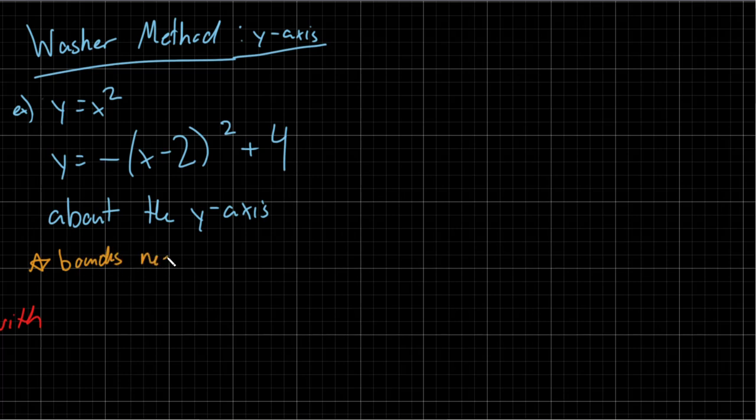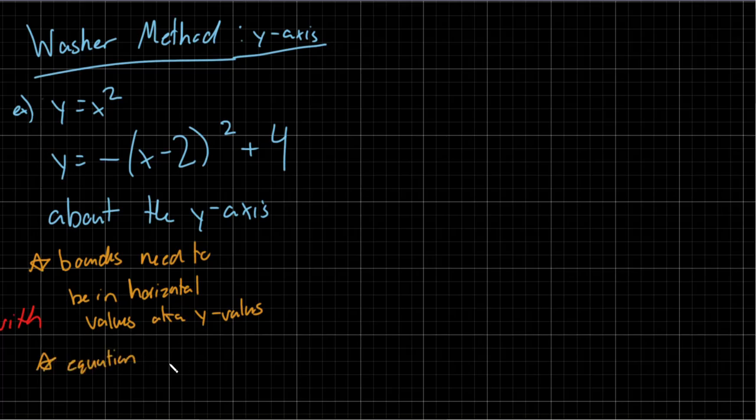Bounds need to be horizontal values, AKA y values. And one more thing: equations have to be x equals something, and x equals something. Okay, do you want to change them now or later? Do you want to sketch first or change equations?